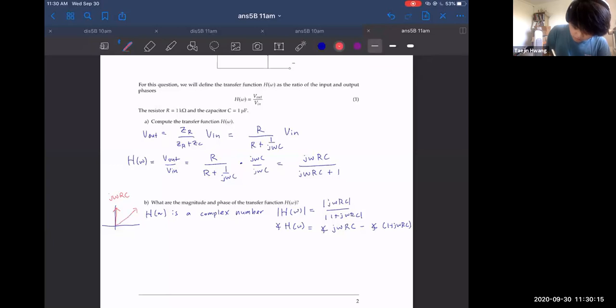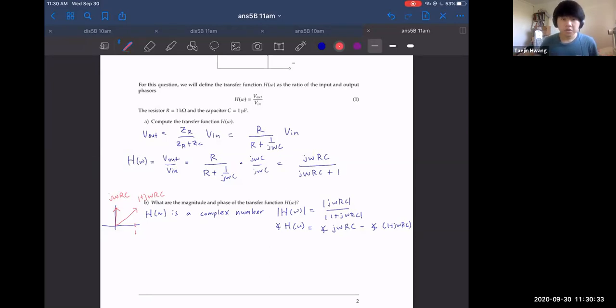And then 1 plus j omega RC will be a vector.